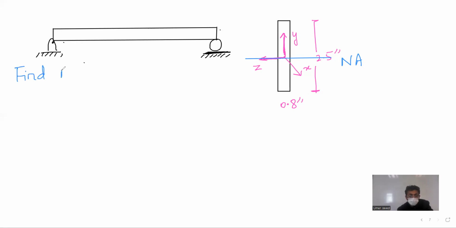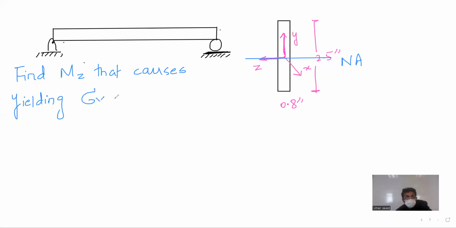Find MZ that causes yielding. Sigma Y equal to 36 kilopound per square inch.